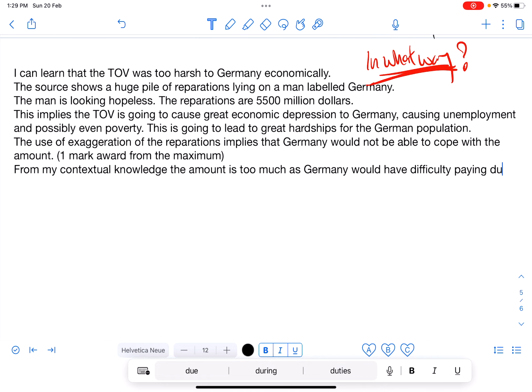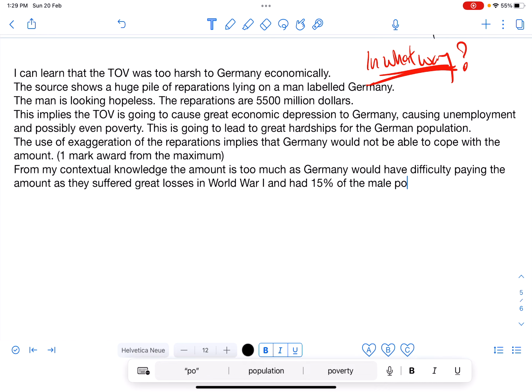So from my contextual knowledge now, I can add on further and say that they could not cope and state the reason why. As they suffered great losses in World War One, and 15% of the male population gone. What's the impact of this?